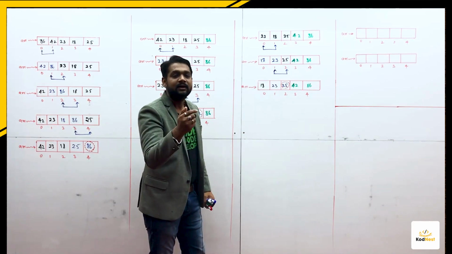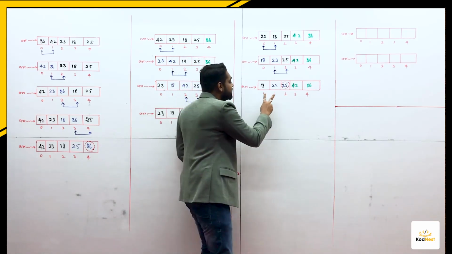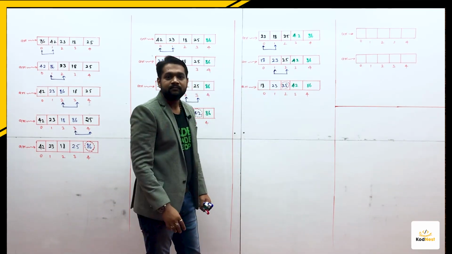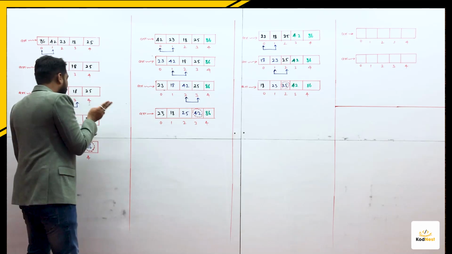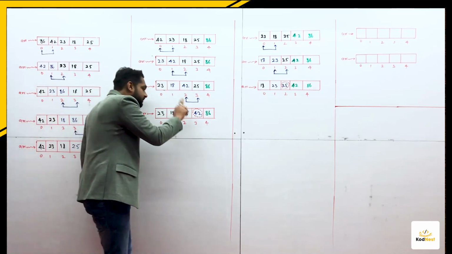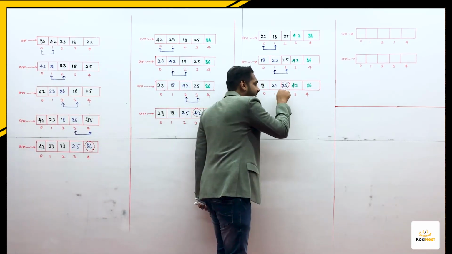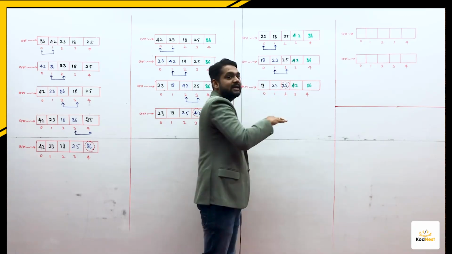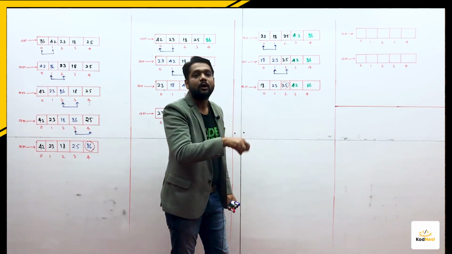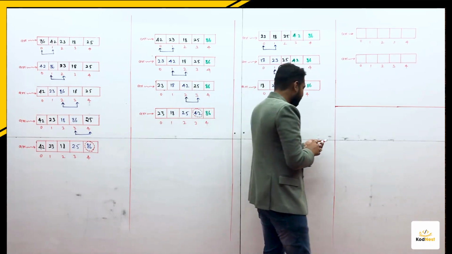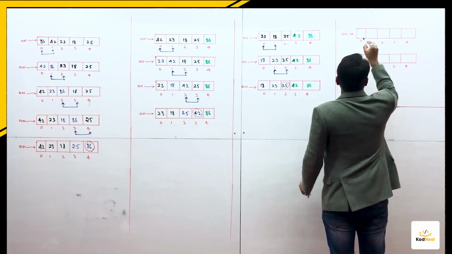But for the computer's eye, these 2 are still not sorted. If you see, 5 elements are there. One element gave its position, the next element gave its position, the next element gave its position. These 2 are still pending according to the algorithm. So those 2, 18 and 23, I have to sort.